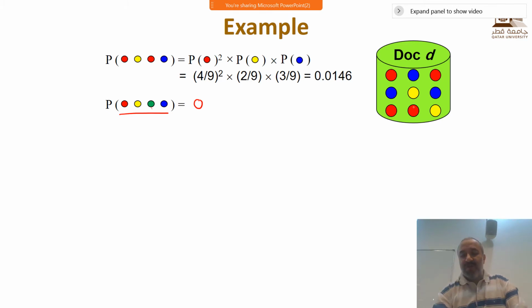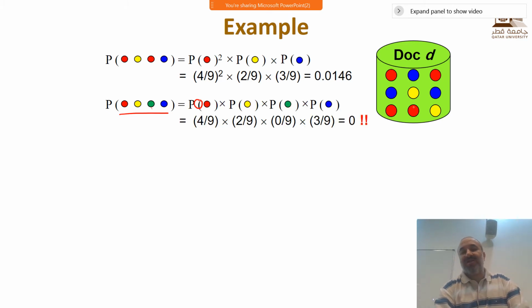Now, mathematically, we understand that we don't want it to be 0, because it's like grounding the entire sequence because of just one term. But in principle, what is the problem?